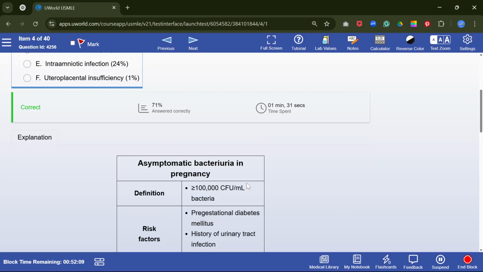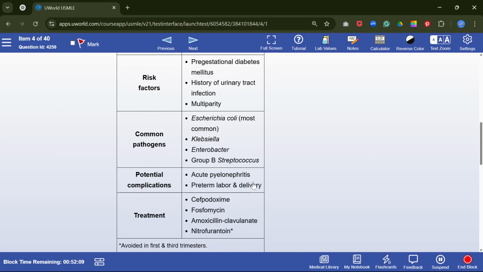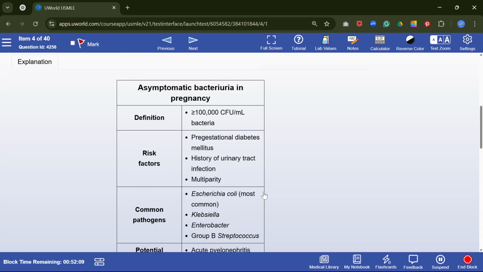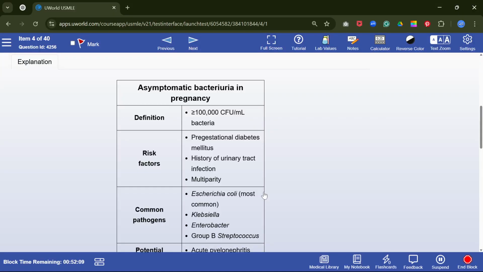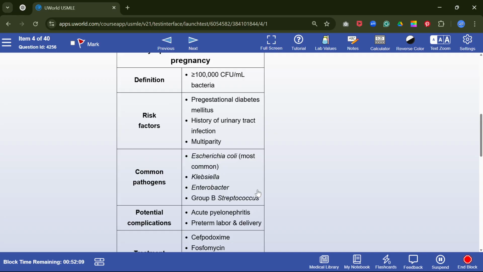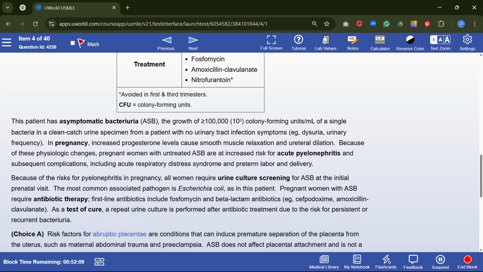Asymptomatic bacteriuria in pregnancy. This patient has asymptomatic bacteriuria.